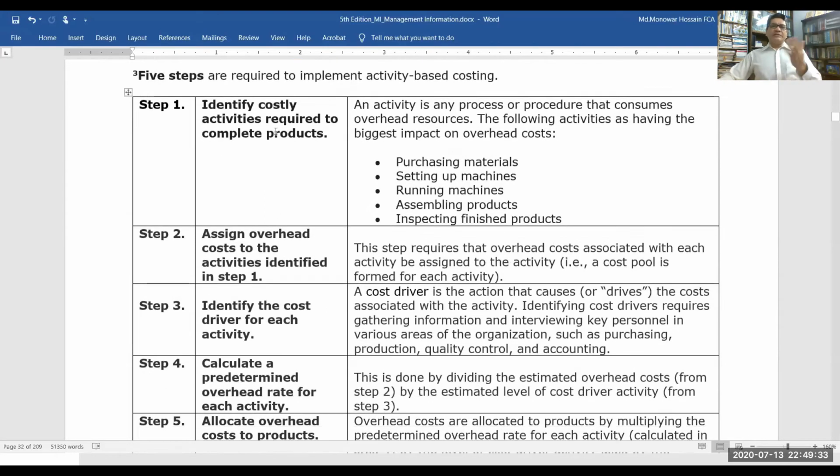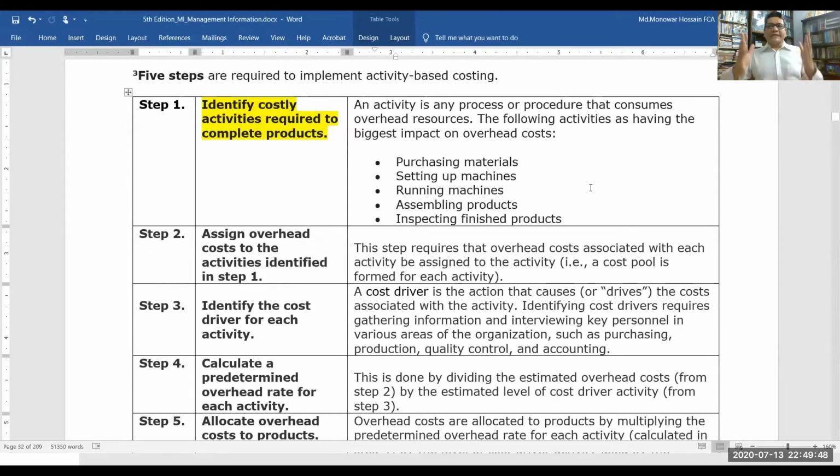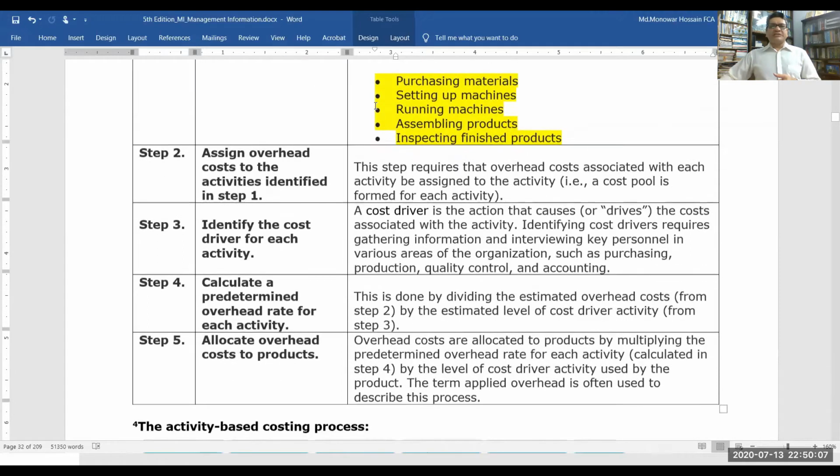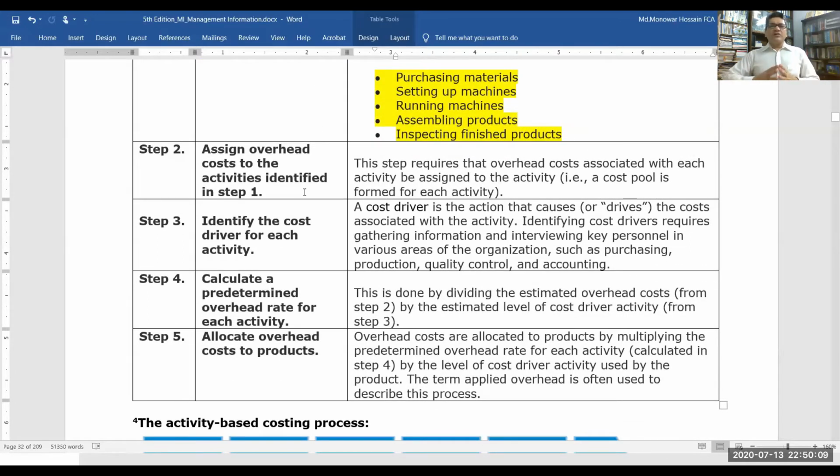One is identify the activities, complete the cost pools, and assign cost to the product. What is an activity? An activity is any process or procedure that consumes overhead resources. That means purchasing material, setting up material, running material, assembling product, inspecting finished product, etc. And then assigning overhead cost to the activities identified.